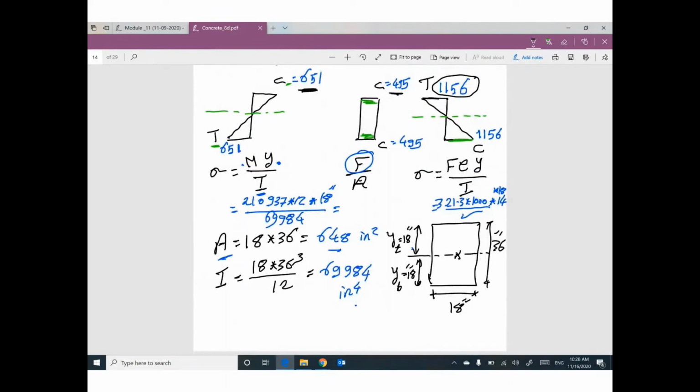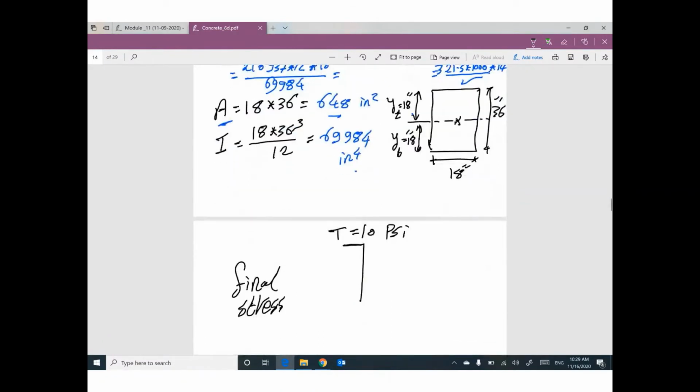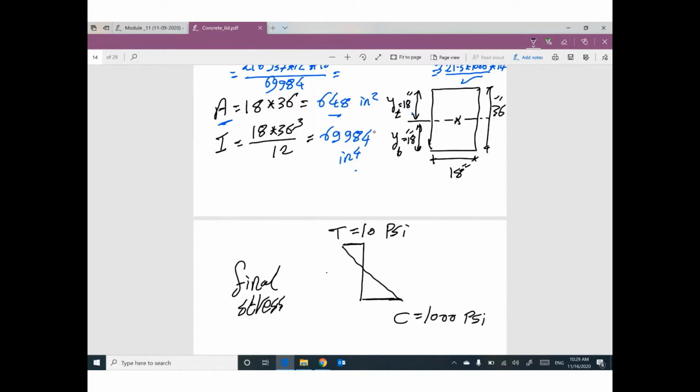At the bottom, we have tension, we have compression. So the two compressions will be added, 495 plus 1,156 minus 651. The final will be compression equal 1,000 psi. Here is the final stress.